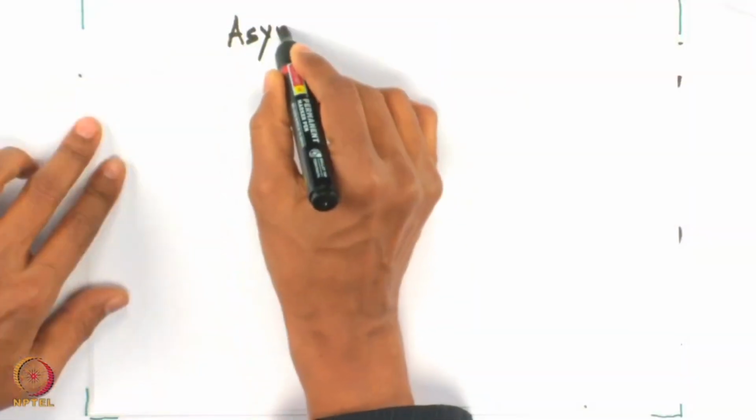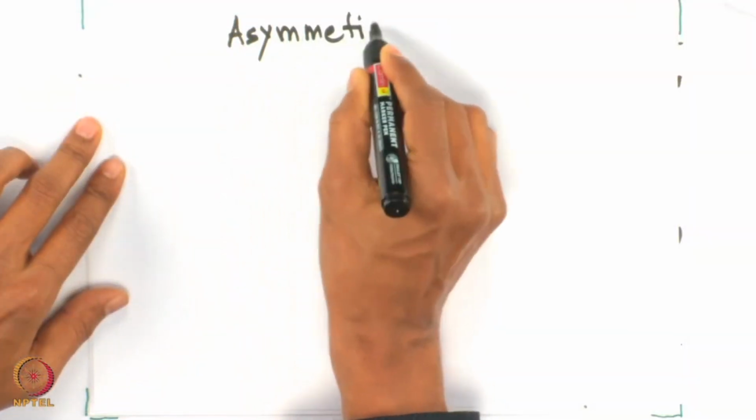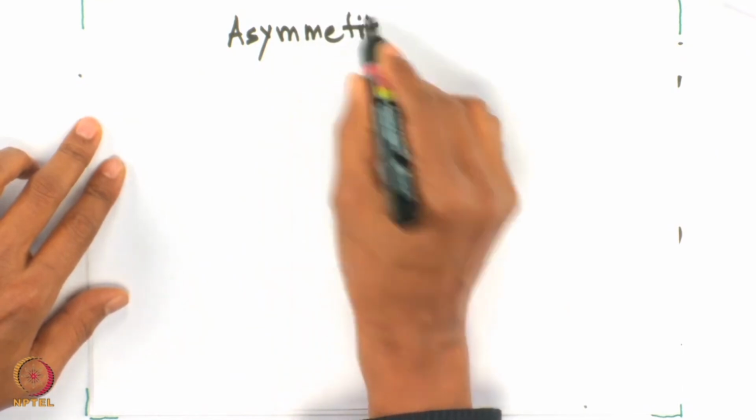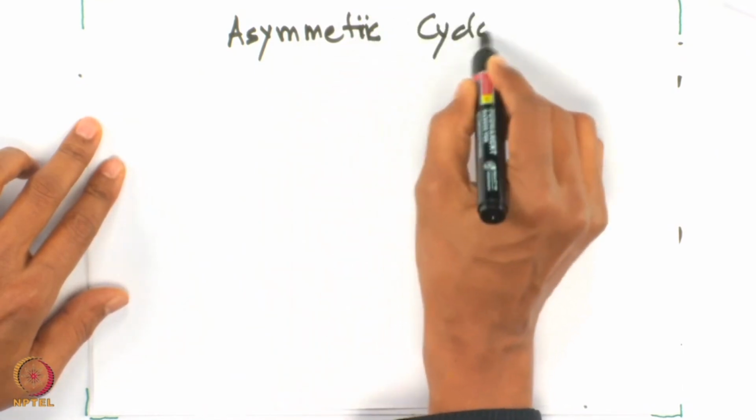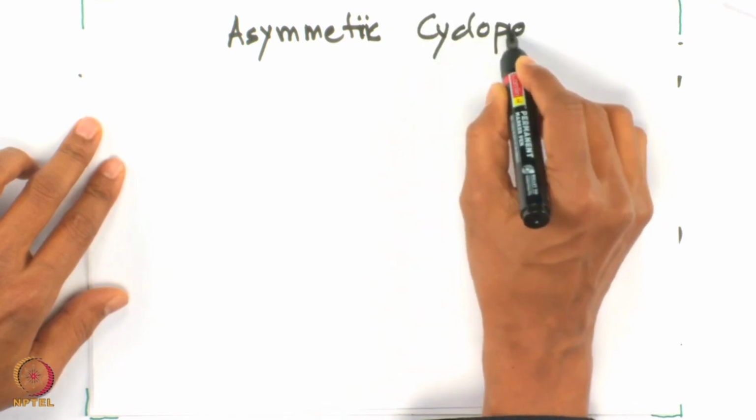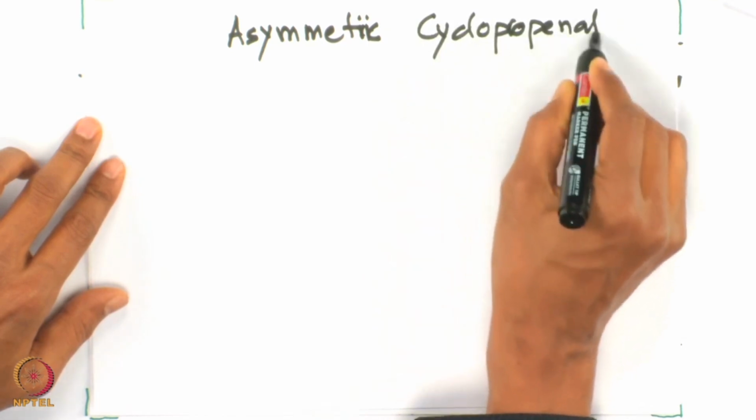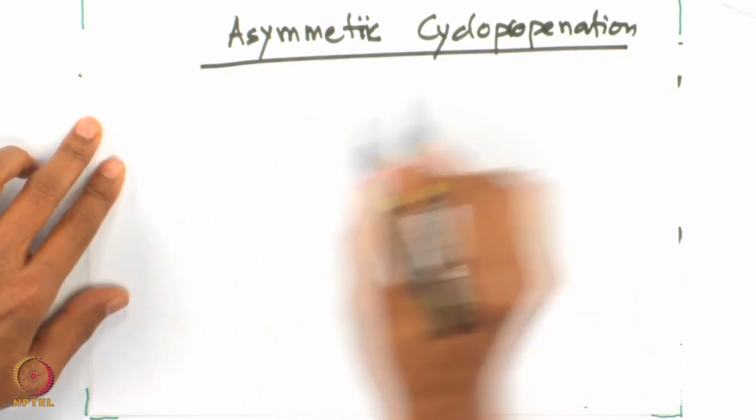Let us try to synthesize the cyclopropene ring, which is much more unstable compared to cyclopropane, by utilizing the same technique. So, let us directly discuss asymmetric cyclopropene ring formation.